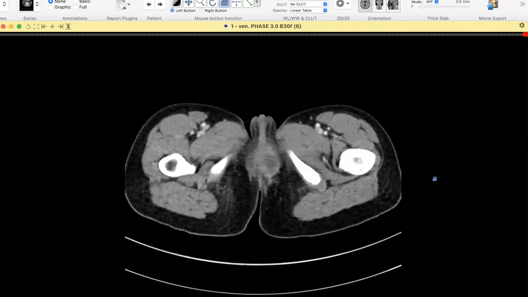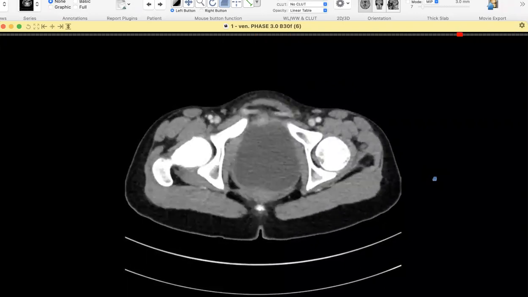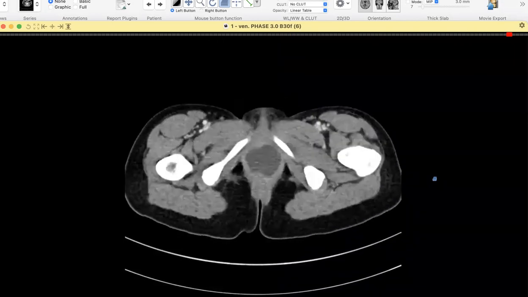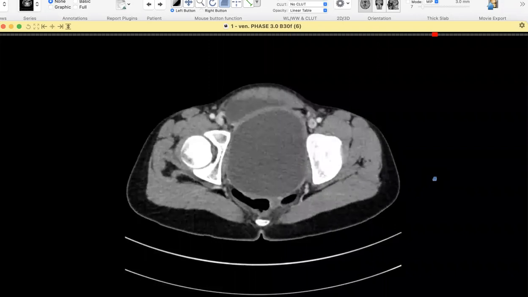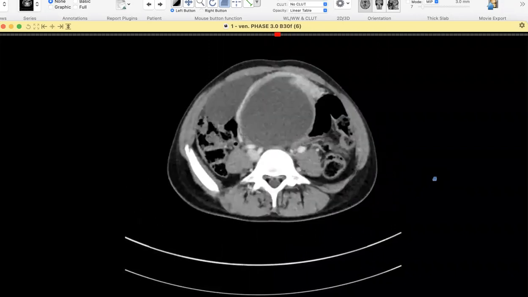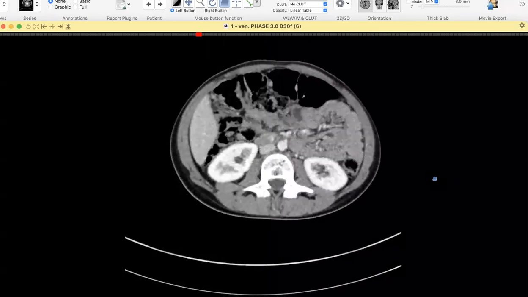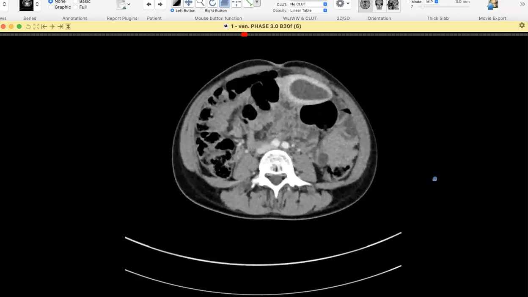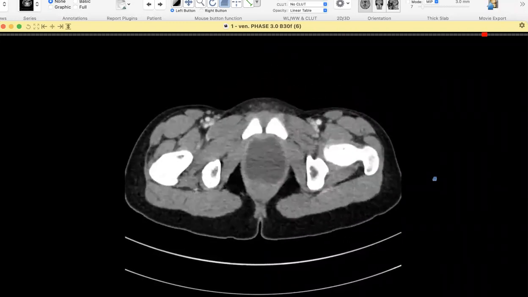I think that it is extending downwards below the cervix. Maybe it is labial, I'm not sure. This is a very big, huge cyst. There is no ascites, and the other solid organs look normal.